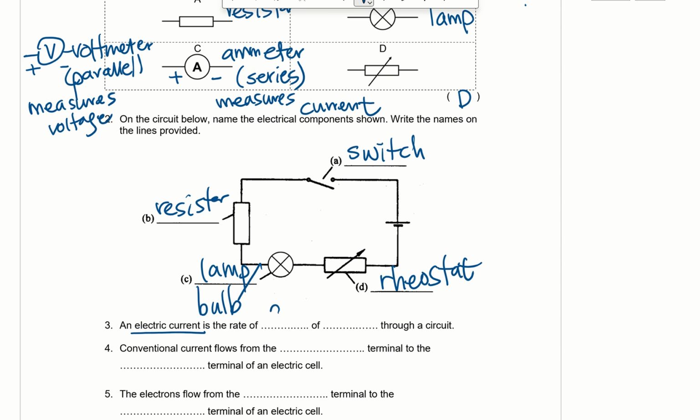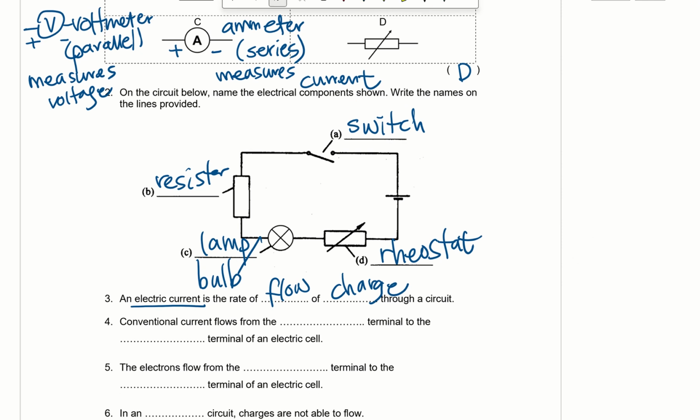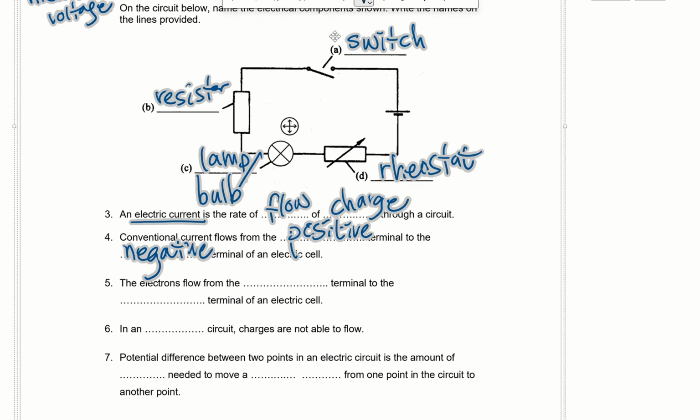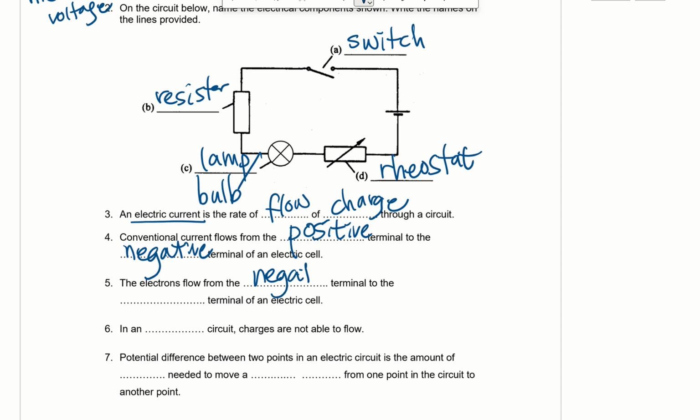It is the rate of flow of charge through a circuit. Conventional current always flows from positive to negative, but electrons flow from negative to positive.